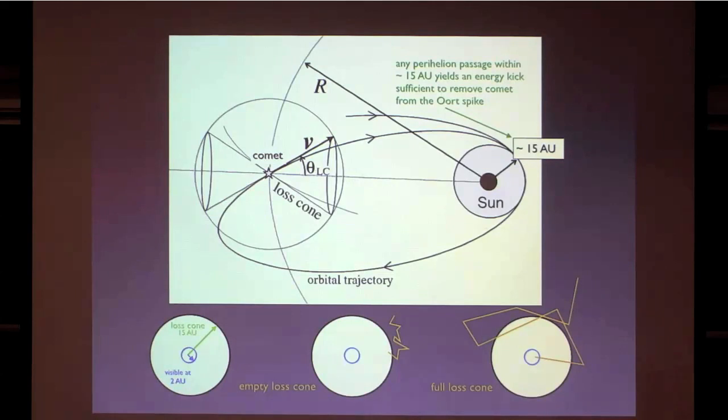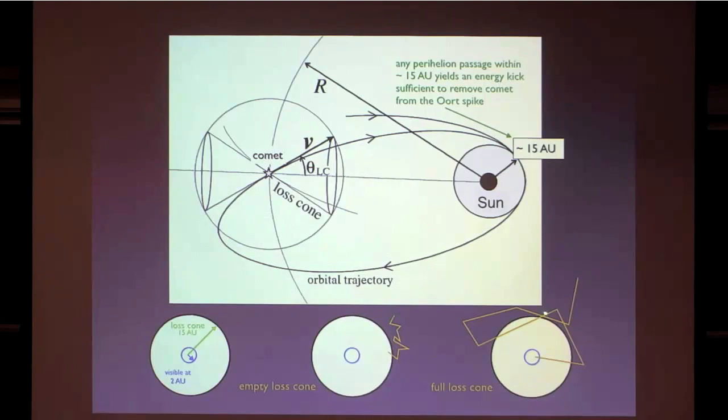The comet is undergoing a random walk around the energy surface due to passing stars. If the typical step caused in the random walk in velocity space is small compared to the size of the loss cone, the comets will sort of diffuse into the edge of the loss cone and be lost before we ever see them.